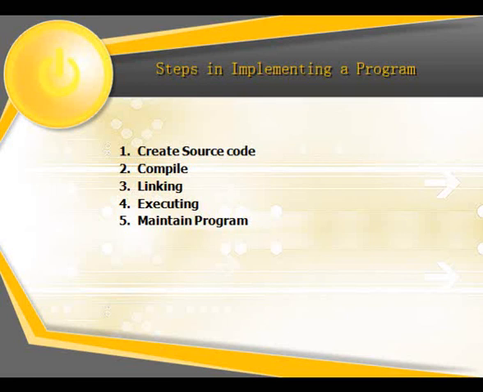Compile is basically turning source code to what we call object code. Linking is basically combining together of all the object codes that is related to your program. And executing is basically running your program so you can see the output of your source code. Maintaining your program is basically adding new features or deleting old features or just commenting. Cool.